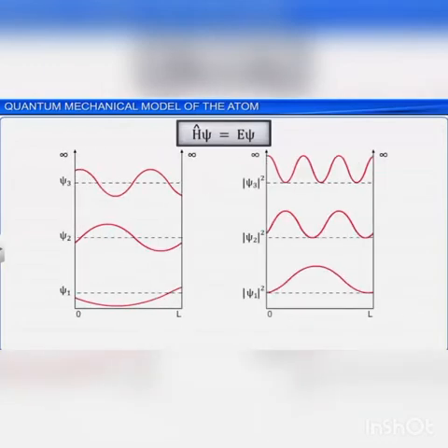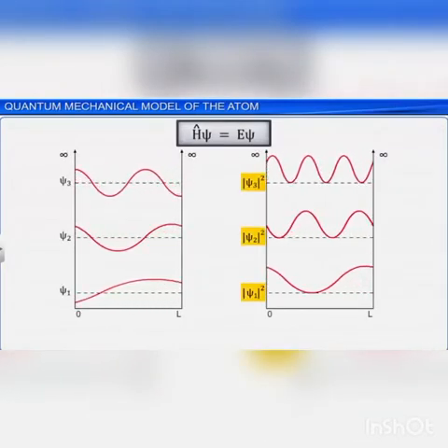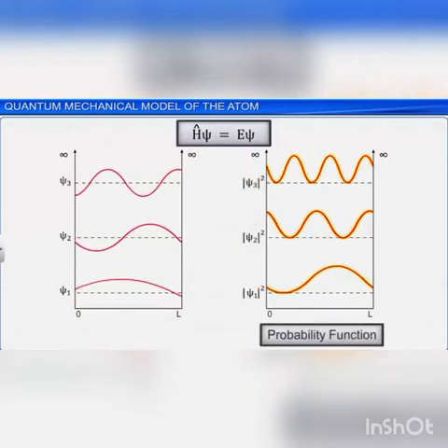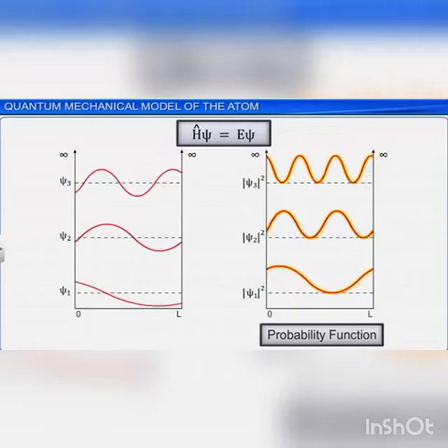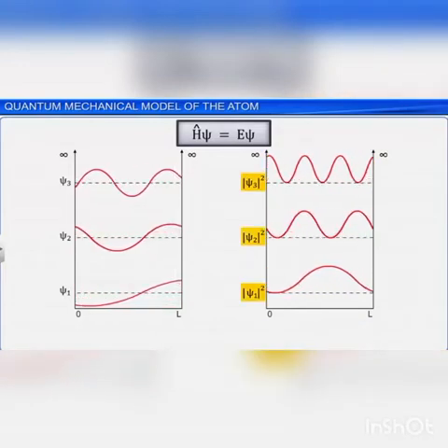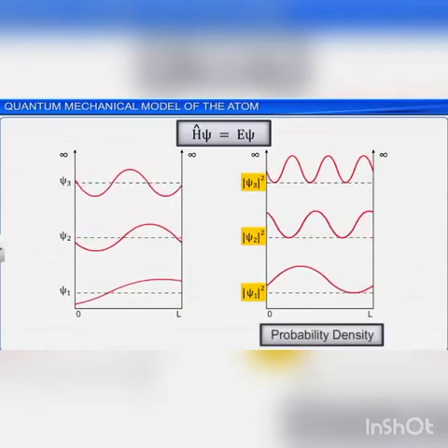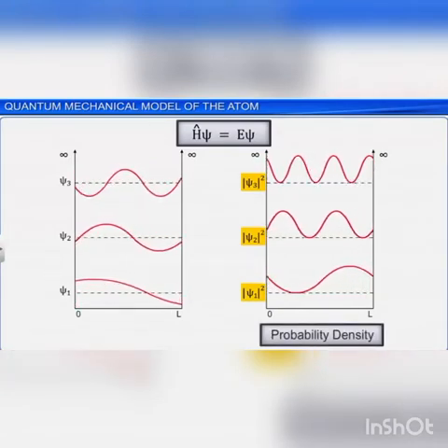Therefore, the square of the amplitude of electron wave, that is, psi square, gives the probability of finding the electron at a point within an atom. That is why the function psi square is called probability density and is always positive.